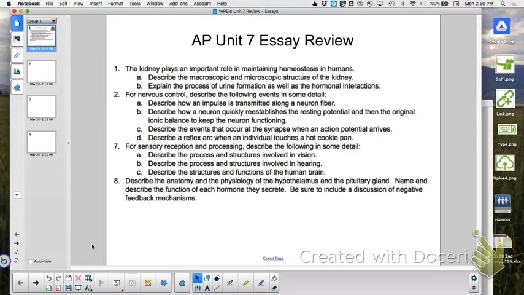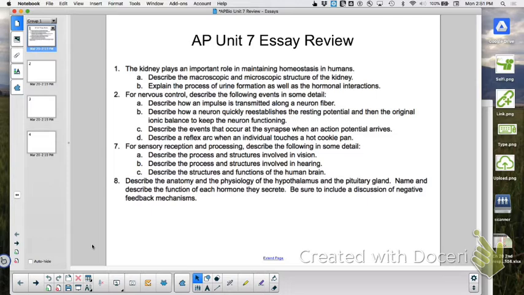You could add little details in there, like the cell body for the sensory neuron is in the dorsal ganglia, outside of your spinal cord. That'd be a little something you could add in there. And the cell body for the motor neuron is located in the gray matter of the spinal cord. All right, that is 2 A, B, C, D.